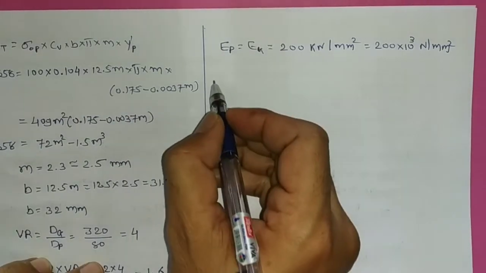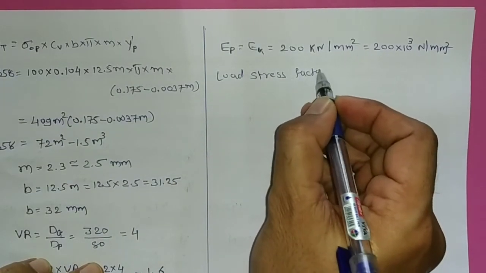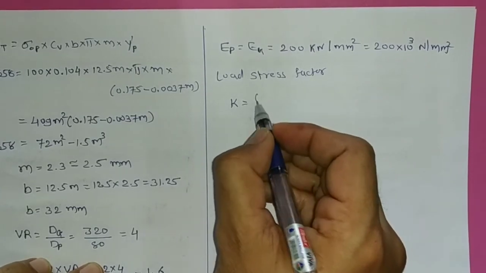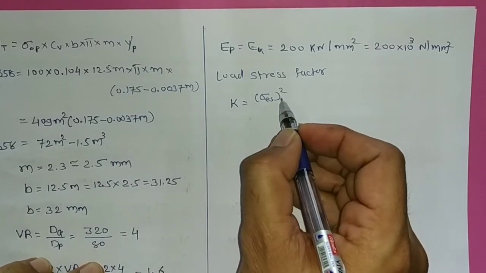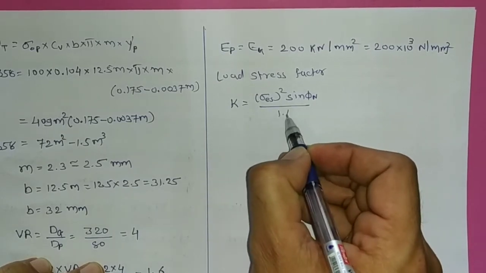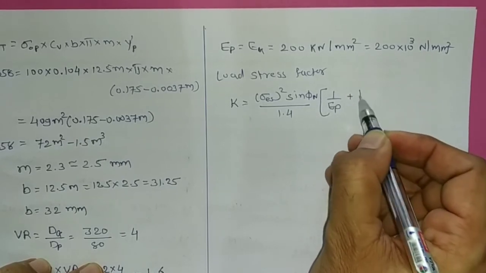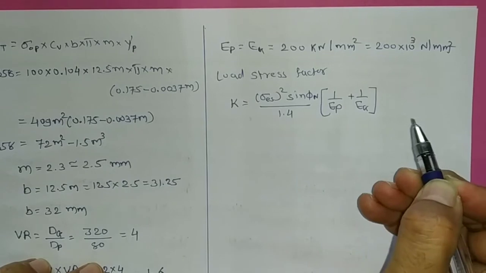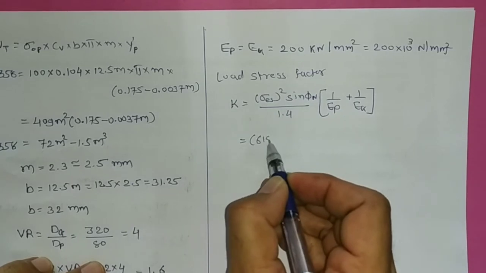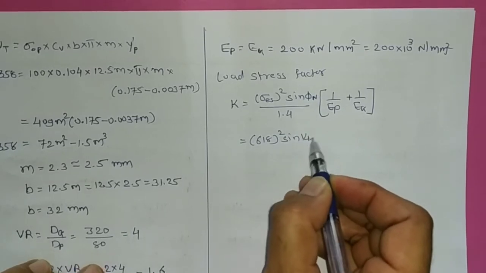Now find out the load stress factor K. Load stress factor K is given by the equation sigma ES square sin phi n upon 1.4 into bracket 1 upon EP plus 1 upon EG. The value of sigma ES is already given, it is 618 square sin 14.4 degree.